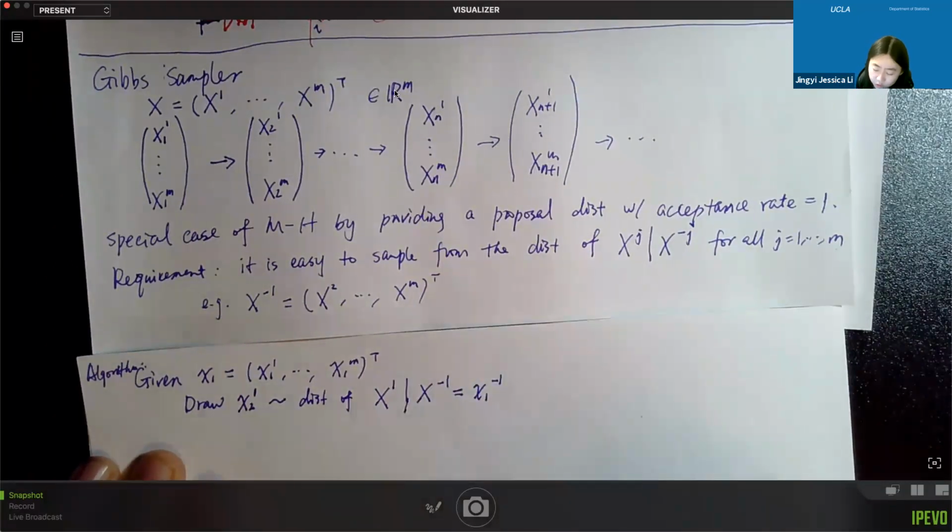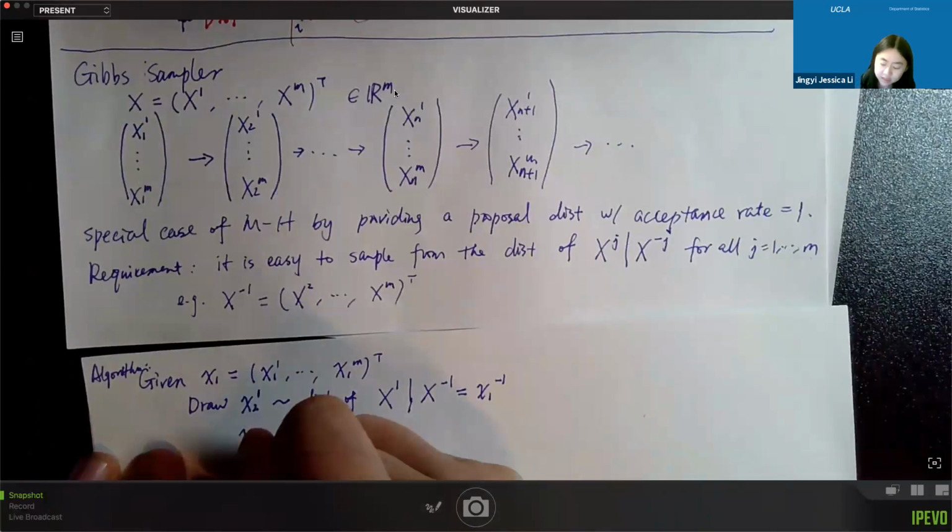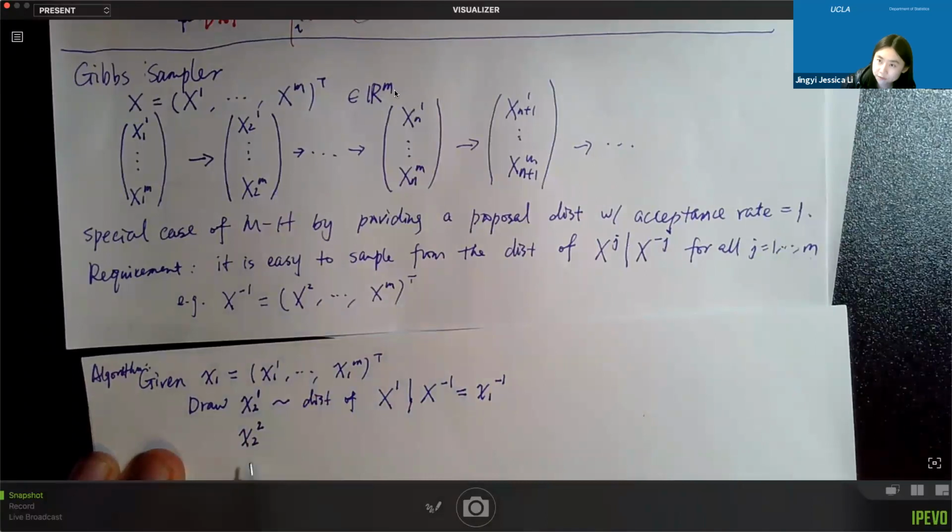And then I want to sample my x22. So I'm still in my second random vector. I'm sampling the second dimension.